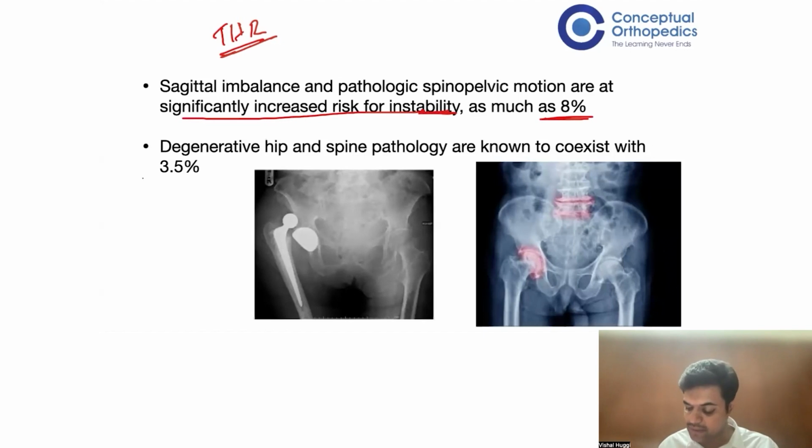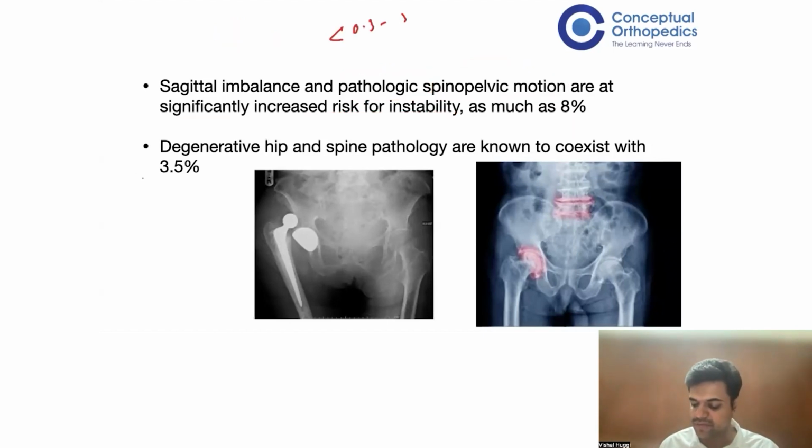Why? Because of pathological spinopelvic motion. The dislocation rate for normal THR or non-spinopelvic pathologies is about 0.3 to 0.5%, whereas with pathological spinopelvic motion, the risk increases significantly, as much as 8%.